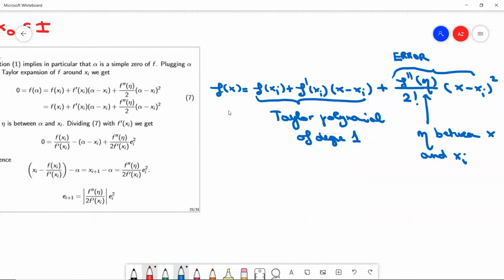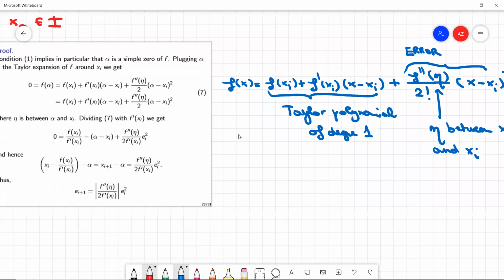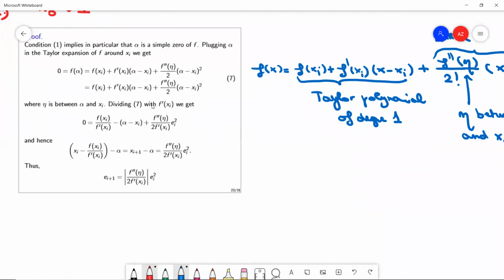But if we plug in alpha, which is the actual 0 of f, into this expression, we get exactly what's written here. So 0 is f of alpha, and it is this right-hand side when we plug in alpha instead of x. Okay, so this is line 7. Now we divide this line 7 by the derivative of f in xi.